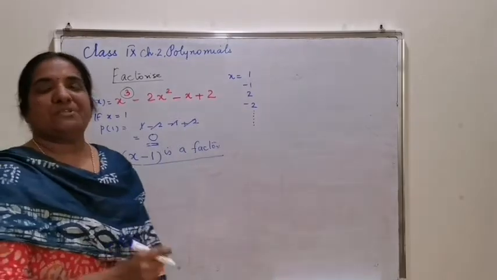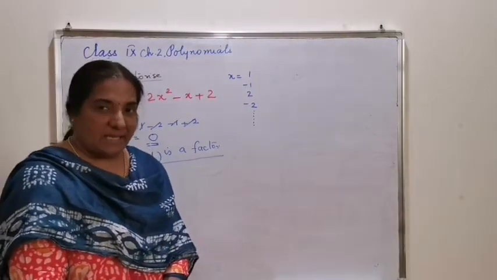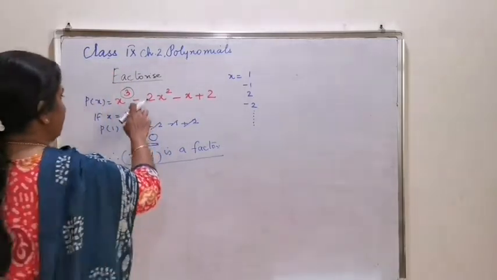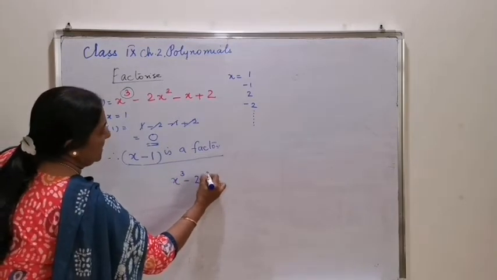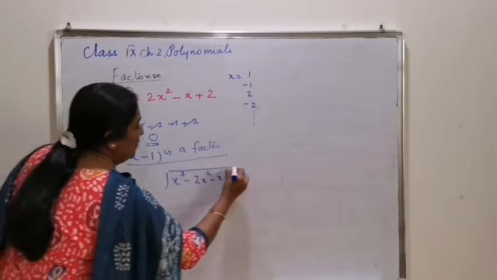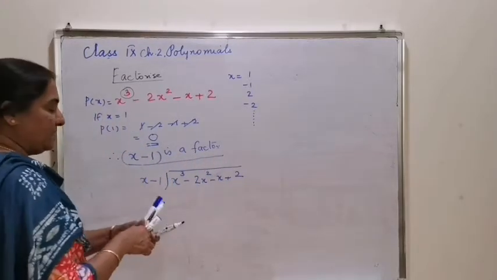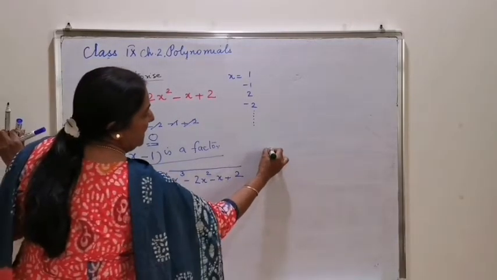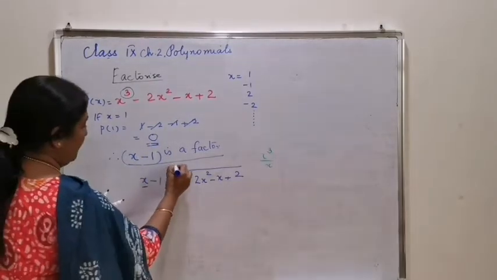Now our step is to find the remaining two factors. For that, we have to do the long division method: x cube minus 2x square minus x plus 2 divided by x minus 1. The first step is x cube divided by x, giving you x square.